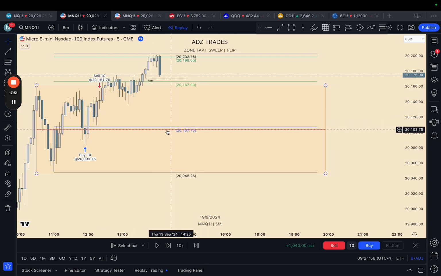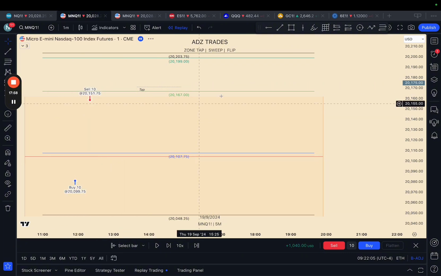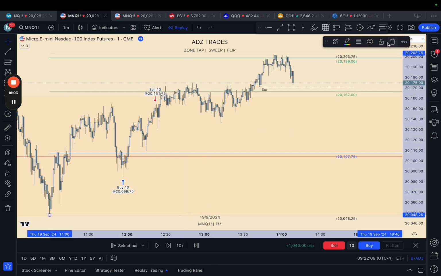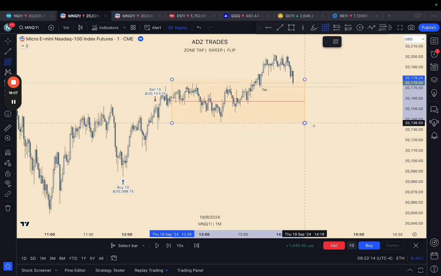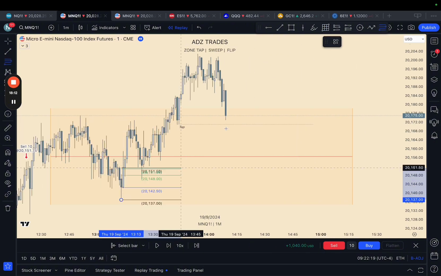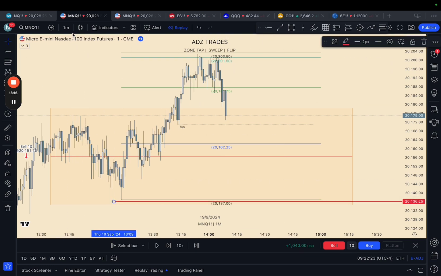I'd highly prefer taking this one compared to this zone here. Because like I said, it doesn't really make sense for M5 to bounce here. This is not a protected low for me.